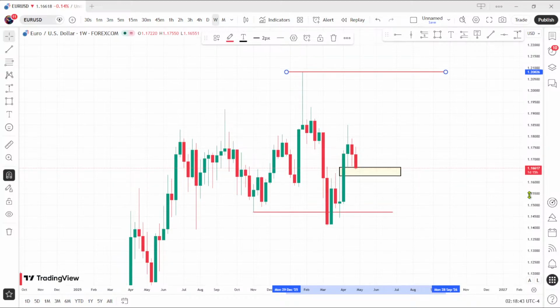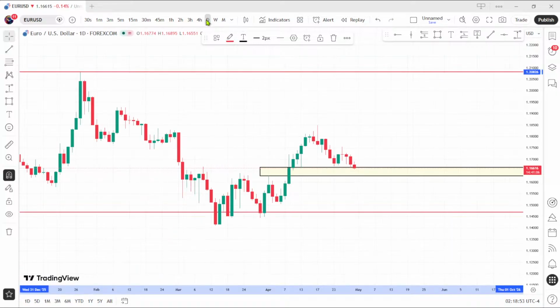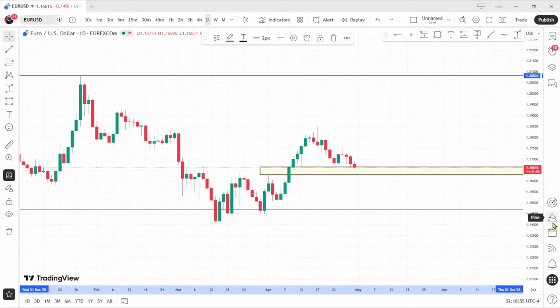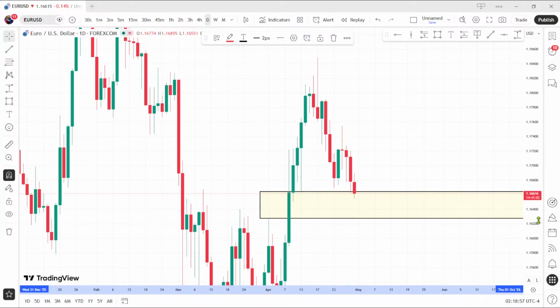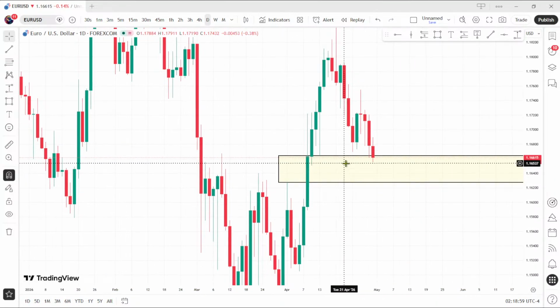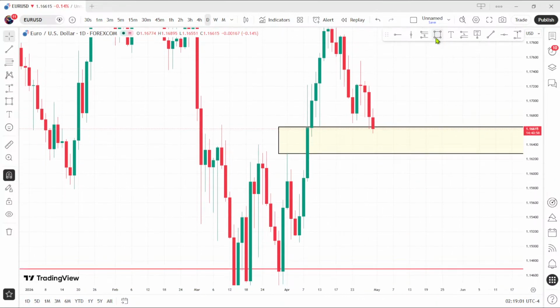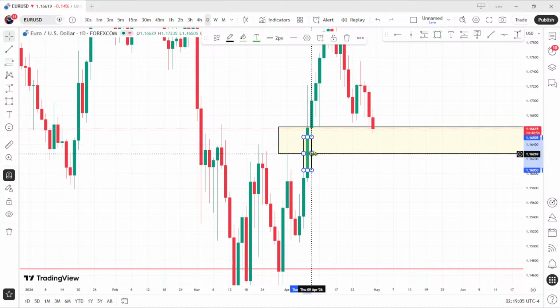And then again, you see price is inside the weekly fair value gap, so it has swept our daily sell side liquidity. Let's mark this one with a different color.